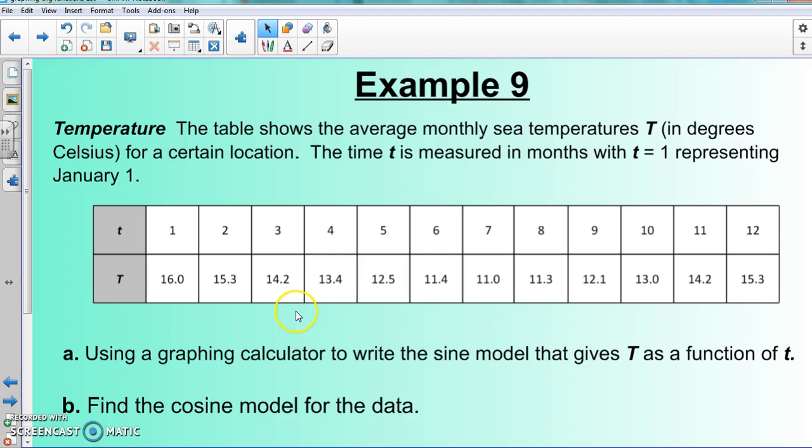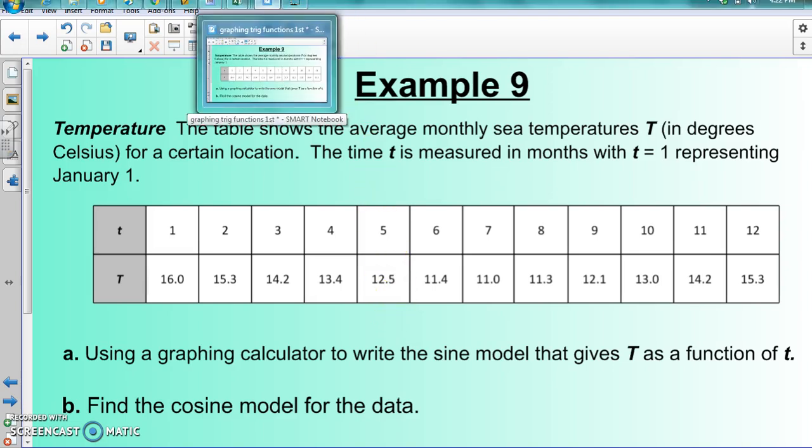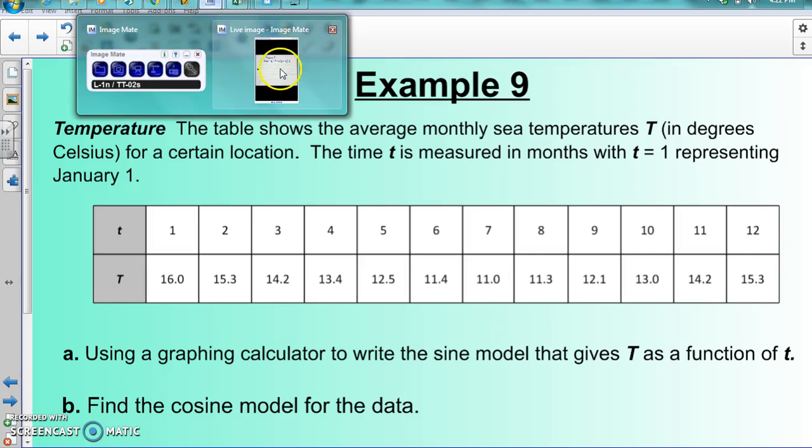Now, with this wonderful table here, using the graphing calculator, write the sine model that tells capital T as a function of little t. So here, we're going to go back to our regression stuff. Yay! So glad we learned that early on. So that's what we're going to do right now.